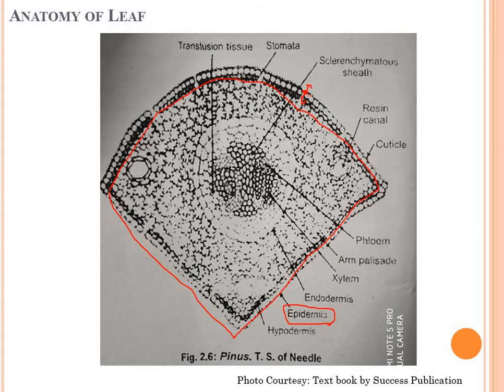Transpiration means the removal of water in the form of water vapor. This is all about the epidermis. Then see, inside the epidermis the hypodermis is there. This hypodermis may be single-layered or multi-layered. Hypo means the layer present just beneath the epidermis is known as hypodermis.